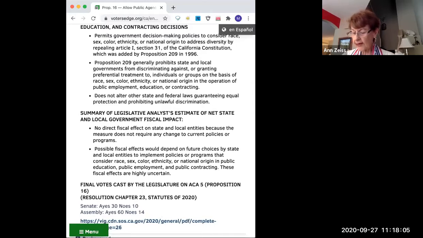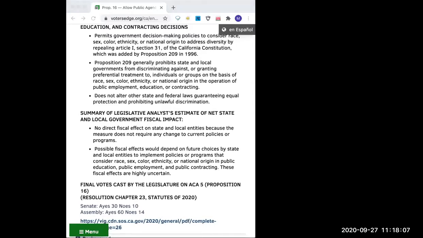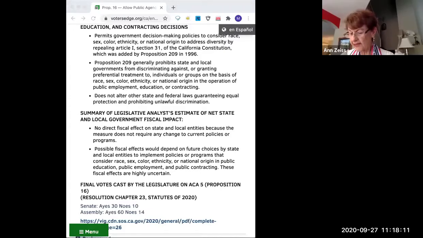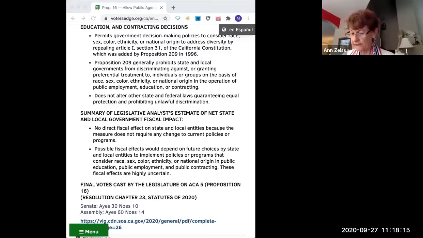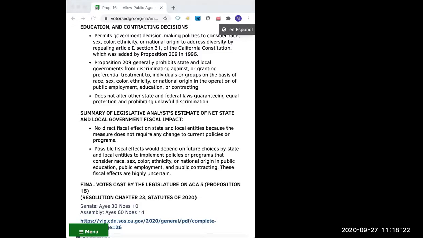And finally, listen to this: let's not perpetuate the stereotype that minorities and women can't make it unless they get special preferences. That is one of the opponents' points.